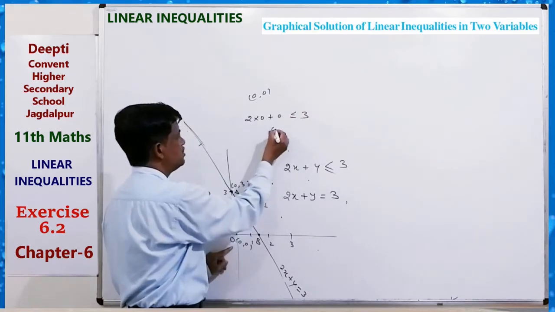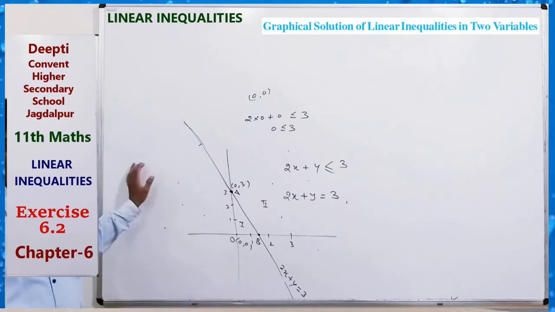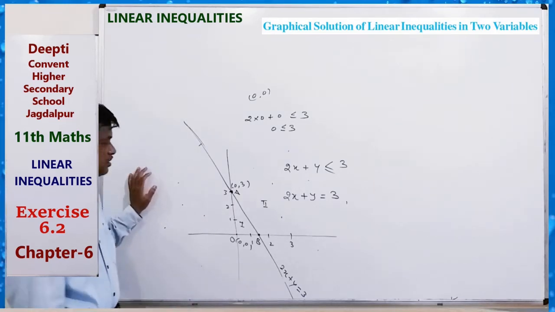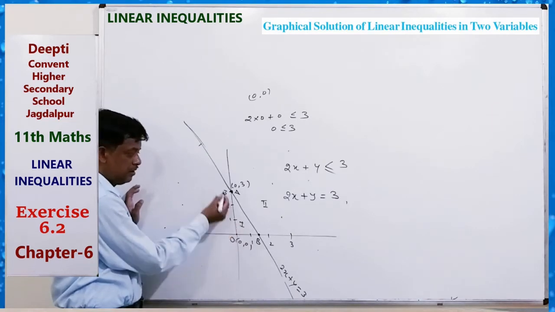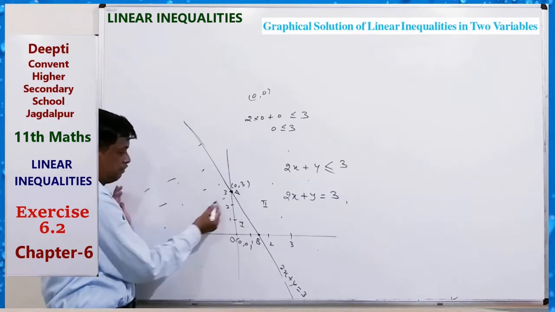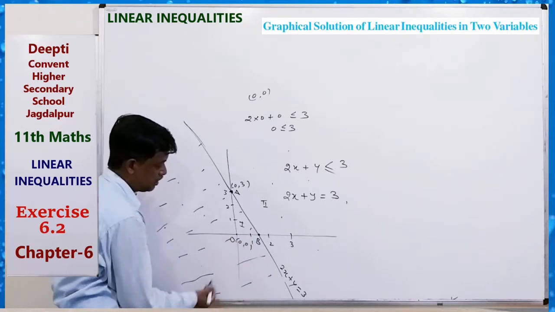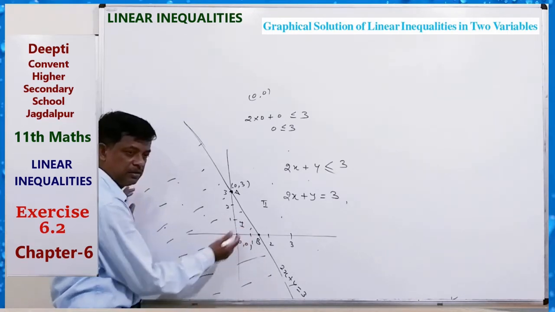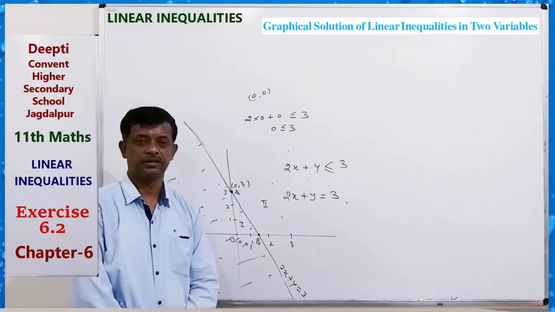So solve it. 0 is less than or equal to 3 is right. That means the first half, this shaded part, the first part, is the solution region of the given inequality.